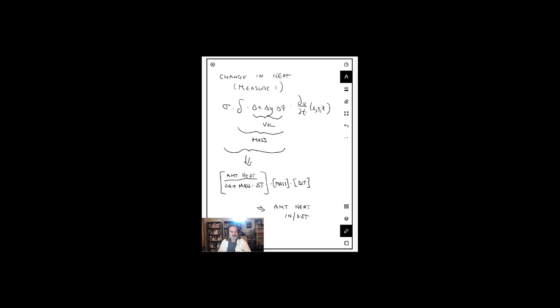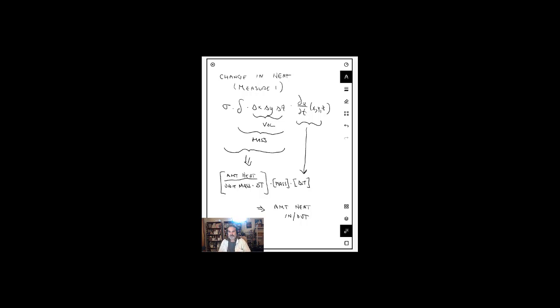the specific heat tells us the amount of heat per unit mass per degree in temperature, per change in temperature that we initiate. This is the change in temperature.